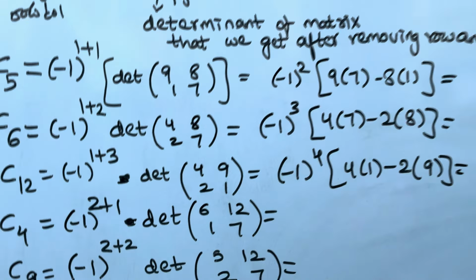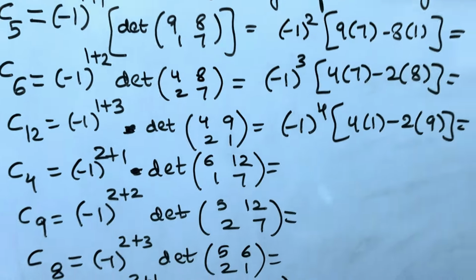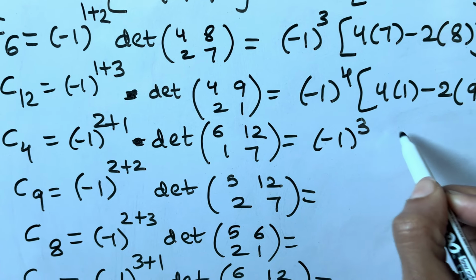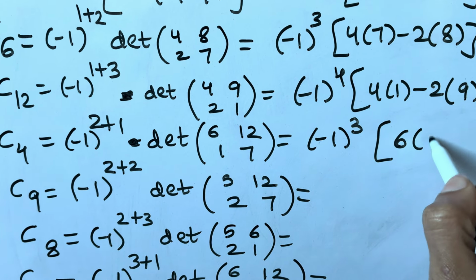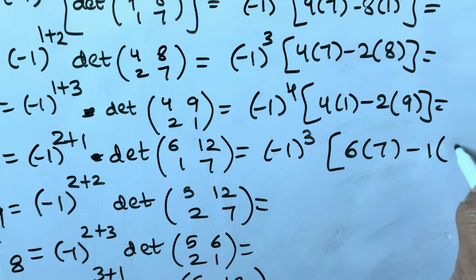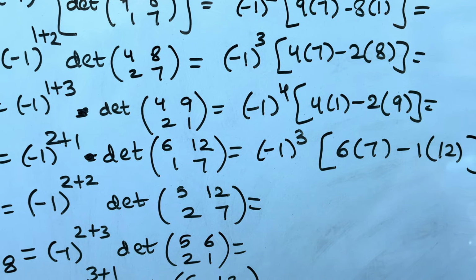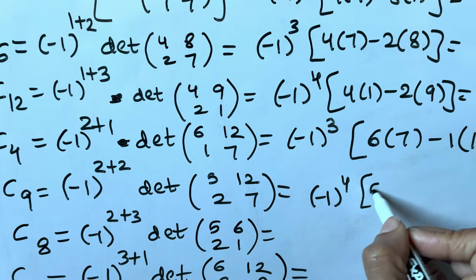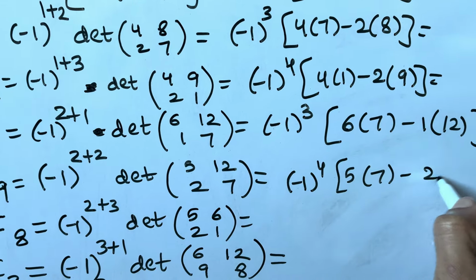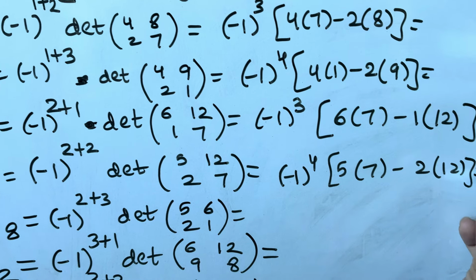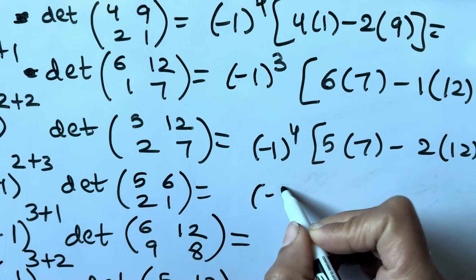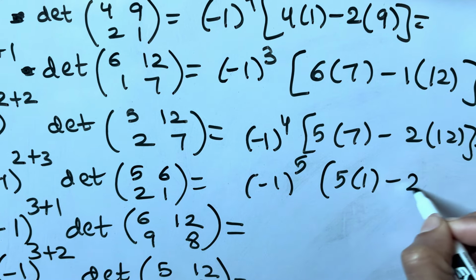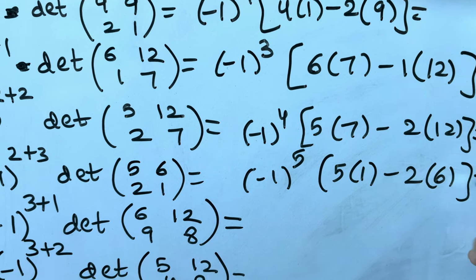And here to the end we need to find 6 more elements. -1 to the power 2 plus 1 is 3, and 6 times 7 minus 1 times 12. And here -1 to the power 4, 5 times 7 minus 2 times 12. And -1 to the power 5, 5 times 1 minus 2 times 6.